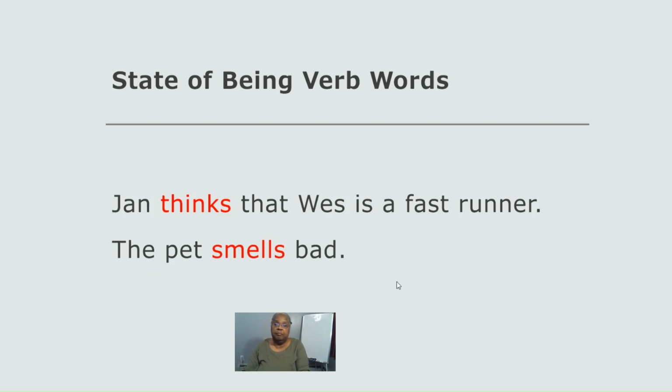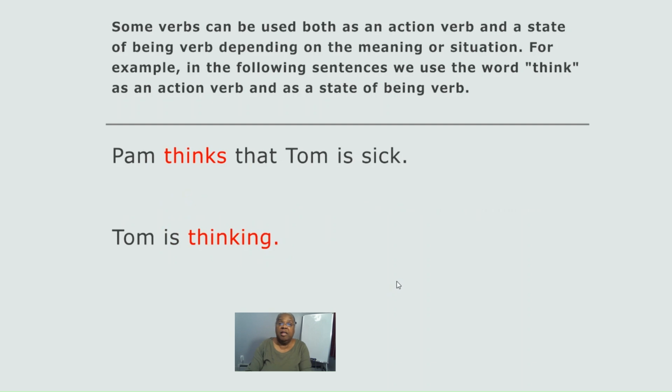Now, some verbs can be used both as an action verb and a state of being verb depending on the meaning or the situation. For example, in the following sentences, we use the word think as an action verb and as a state of being.